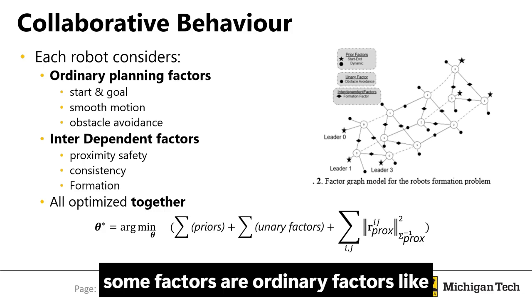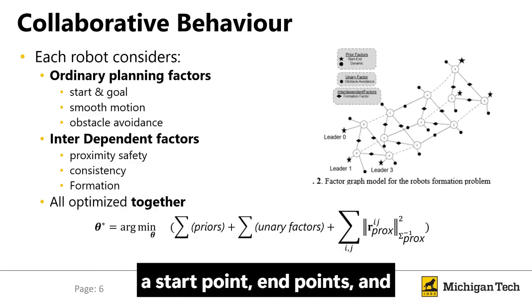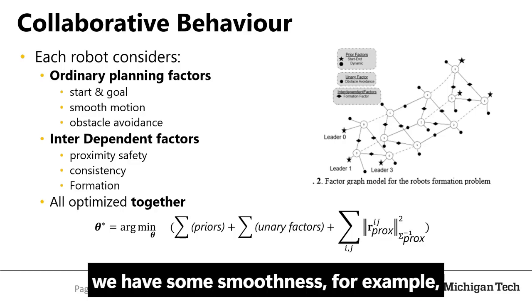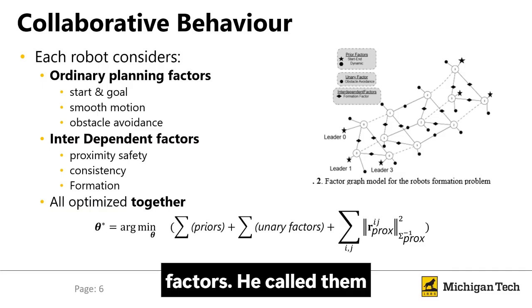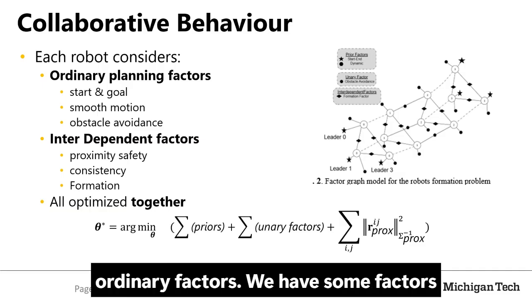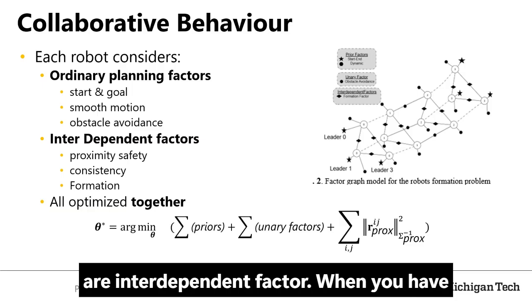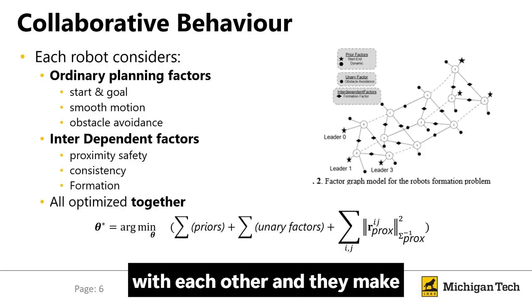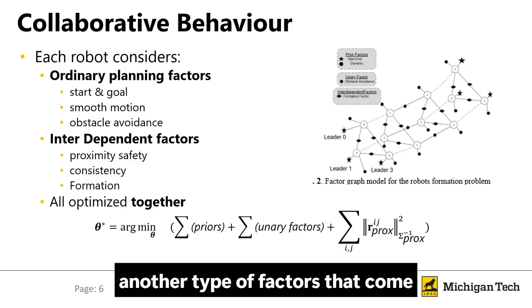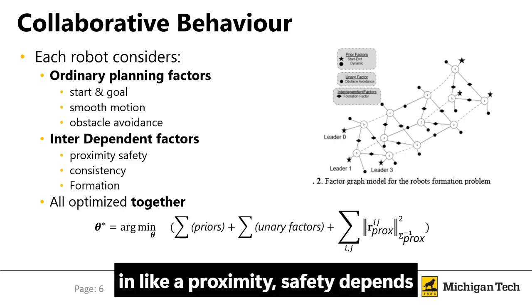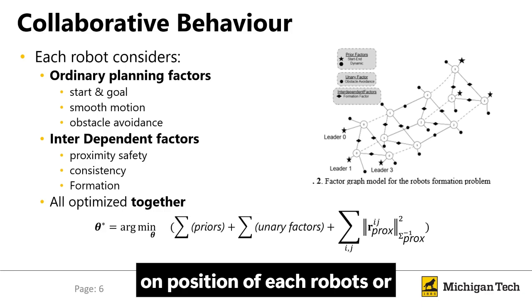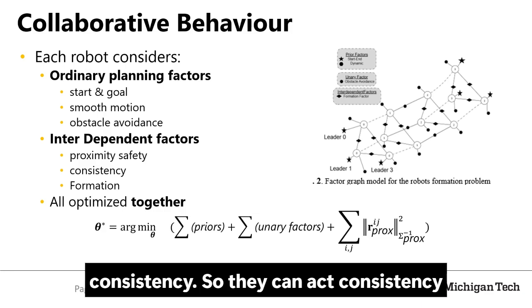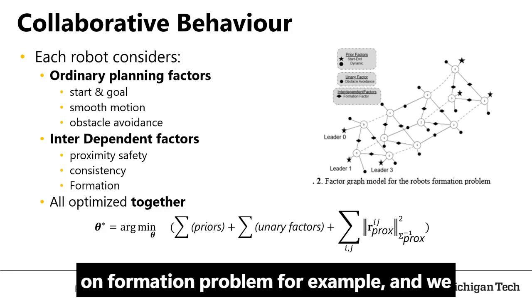Some factors are ordinary factors, like a start point, end point, and some smoothness factors. We call them ordinary factors. Some factors are interdependent factors. When you have multiple robots, they need to collaborate with each other, and they make another type of factor, like proximity safety, which depends on the position of each robot, or consistency of how they act, or a formation problem, for example.